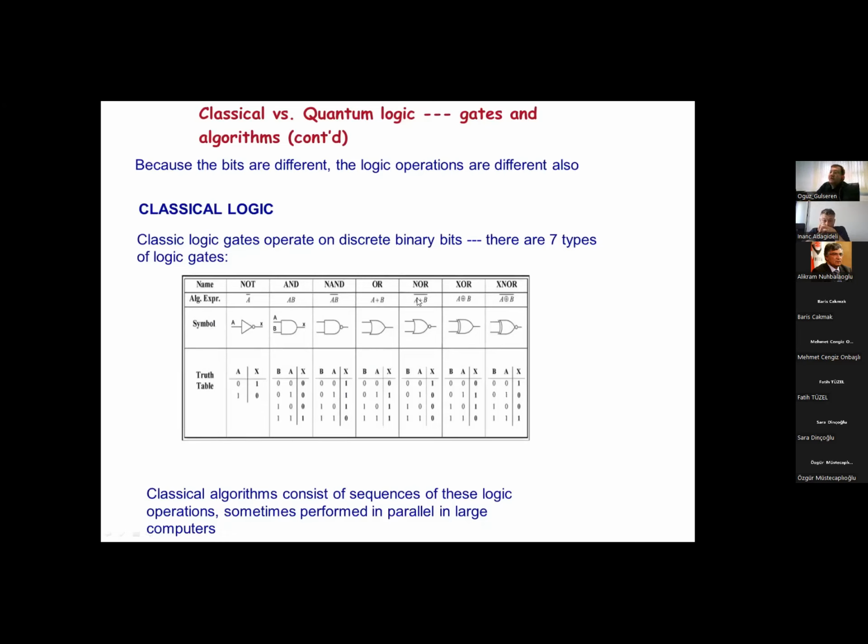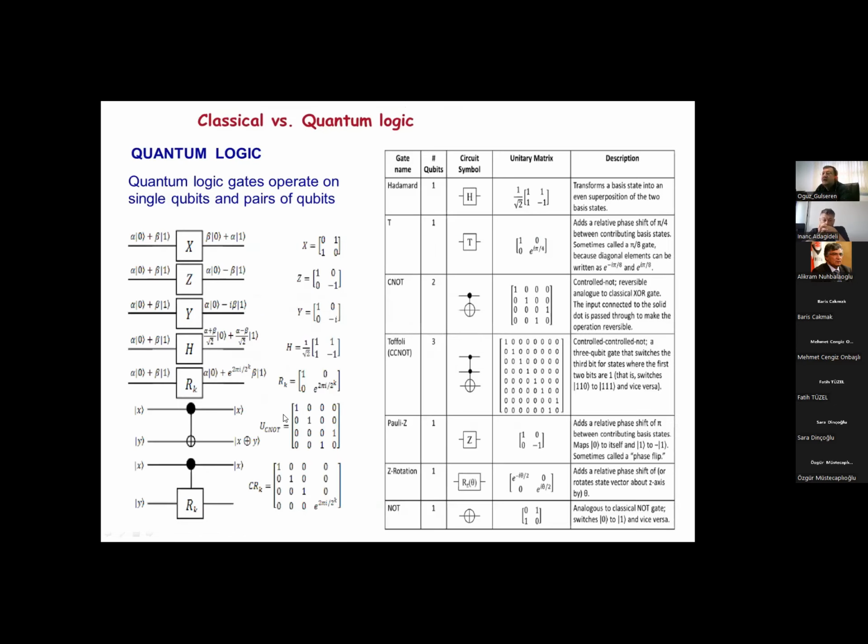There are 7 different types of logic gates here based on 0 and 1. Similarly, the corresponding quantum logic gates are established, and using these gates, you can use these machines and implement your computation.